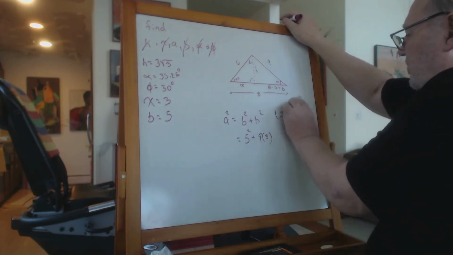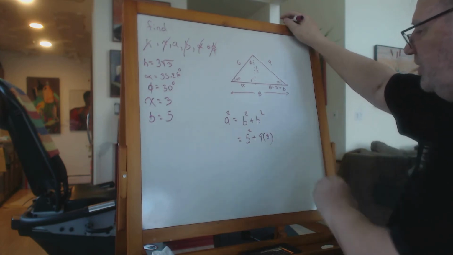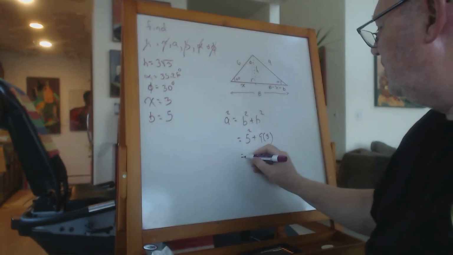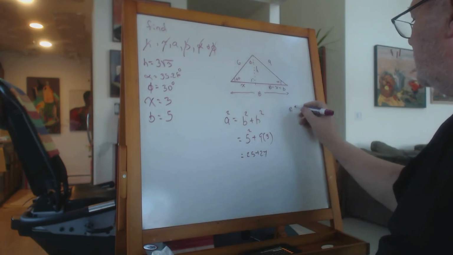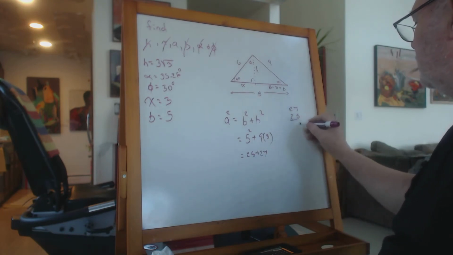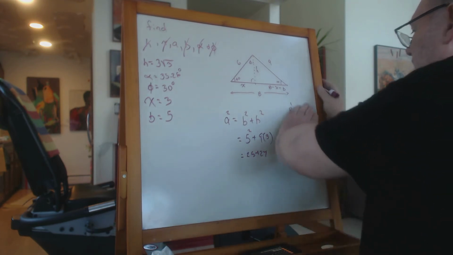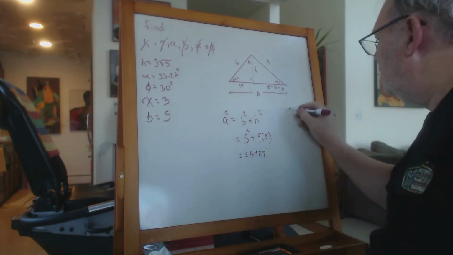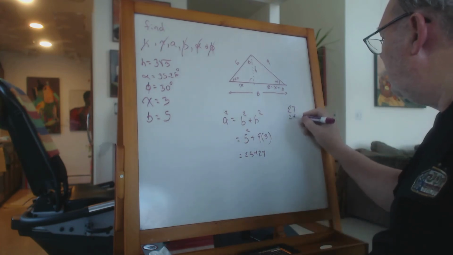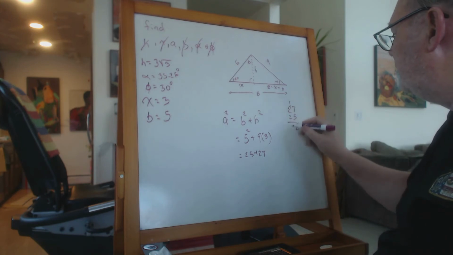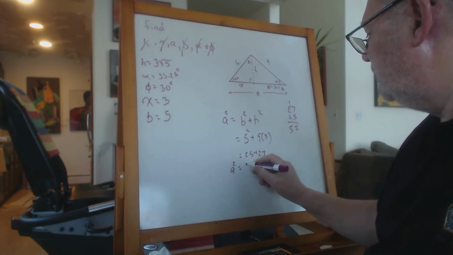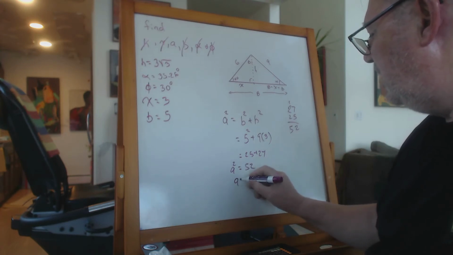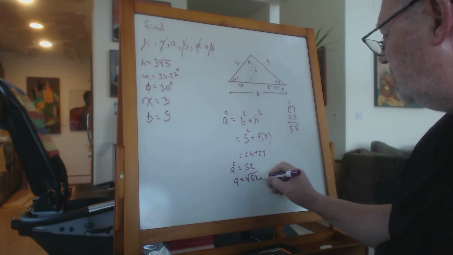Just wanted to show where that came from. So we have 25 plus 27, that's 52. So a squared equals 52, and a equals the square root of 52.